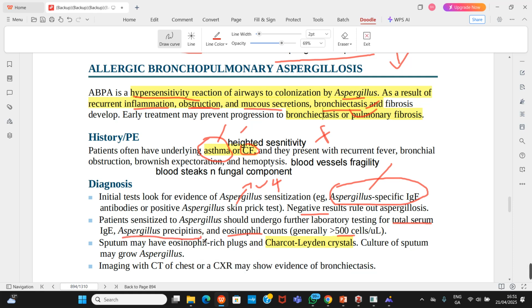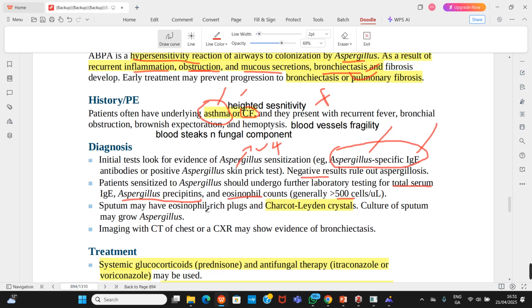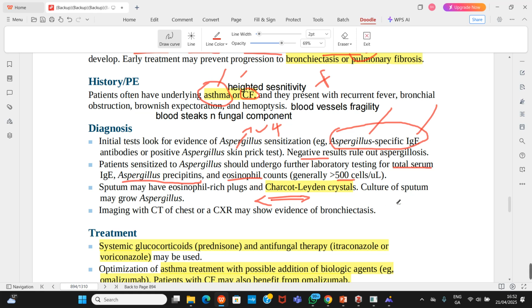So aspergillus precipitins are just IgG against aspergillus, but the most sensitive one is the IgE against aspergillus. Then, just like any other eosinophilic condition, you are going to see the Charcot-Leyden crystals. They are pyramidal crystals formed from the eosinophils. So they look like bipyramidal Charcot-Leyden crystals. And if you do a culture of the sputum, you are going to grow aspergillus.